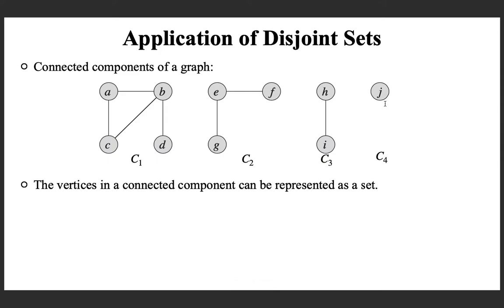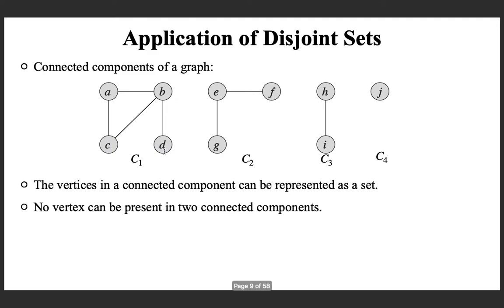The vertices in a connected component can be represented as a set. For example, here you can represent this connected component as a set ABCD, meaning each vertex in that set is in the connected component. And it is clear that no vertex can be present in 2 sets or 2 connected components.